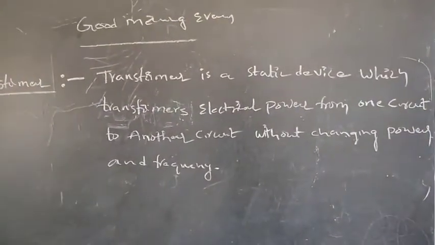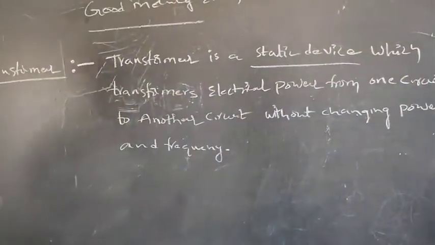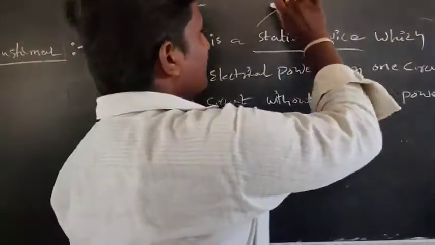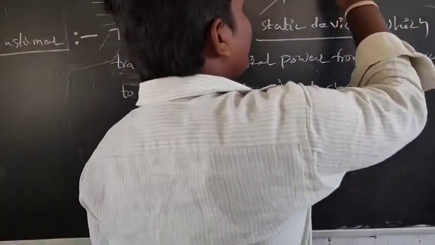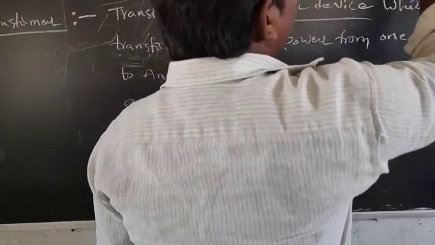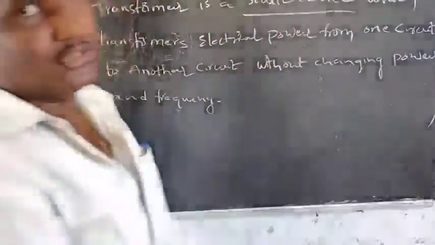Static device means there is no physical rotation. We can also practically observe that in a transformer no part is rotating.